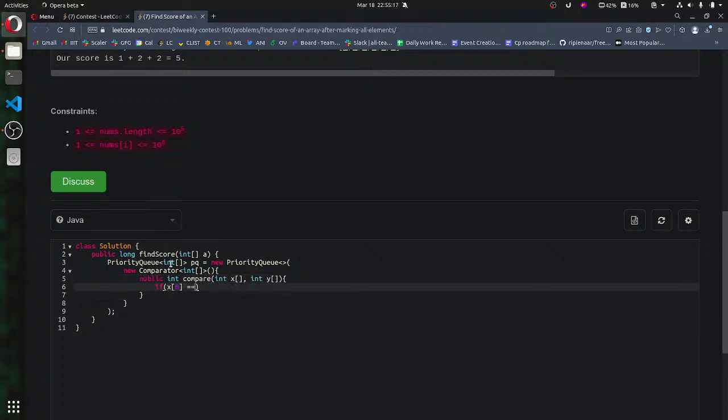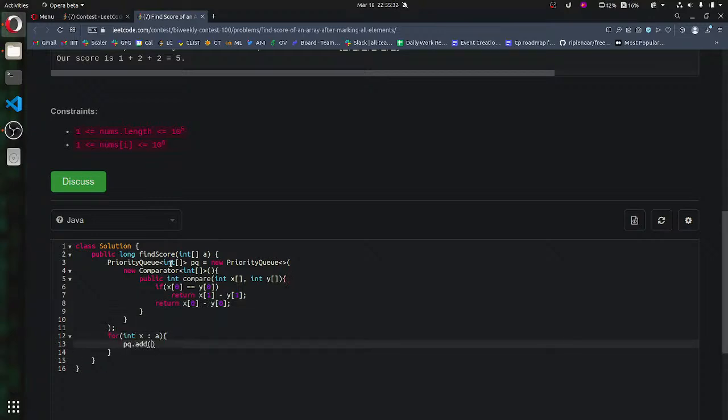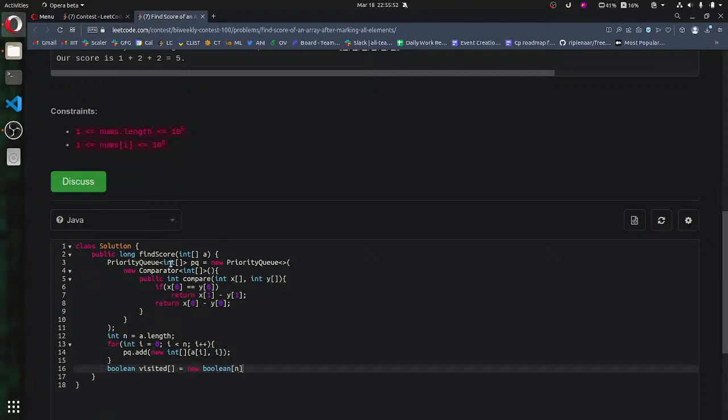if x0 is equal to y0, we will be comparing based on their indexes, that is x1 minus y1. Otherwise we will be doing x0 minus y0, and for i equal to 0, i less than n, i plus plus, and n equal to a dot length, and new int, let's say a[i] comma i, and boolean visited, new boolean n.